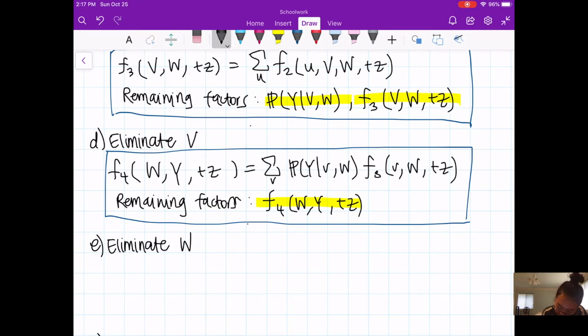So now we want to get the fifth factor by eliminating W, so I'm going to leave that blank first like before.